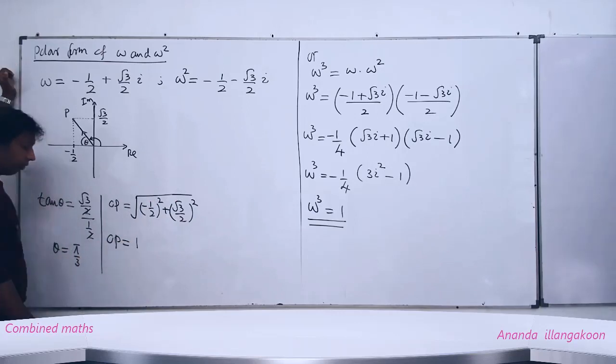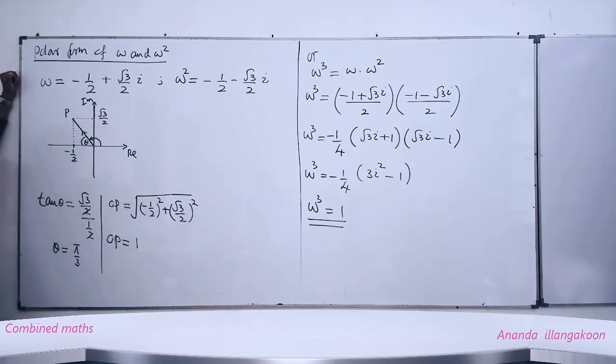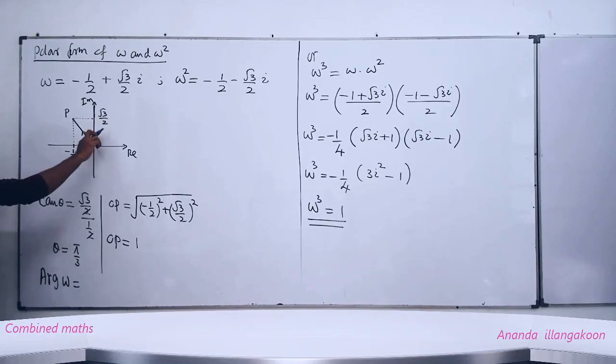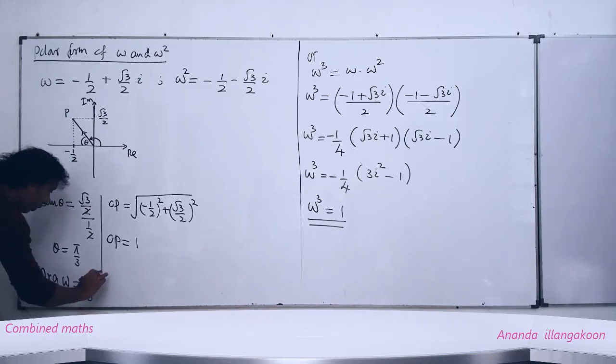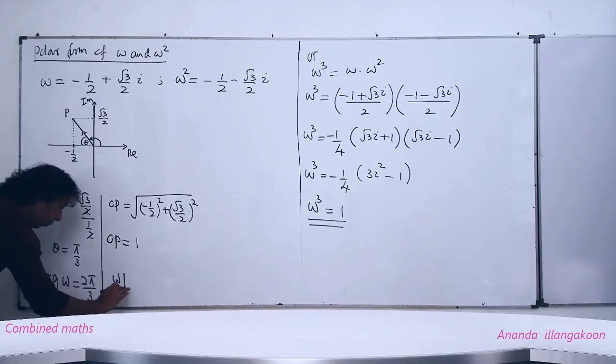OP is 1. What is that, people? Arg of omega: not pi by 3, 120, that is 2 pi by 3. Modulus of omega is the OP length, 1.